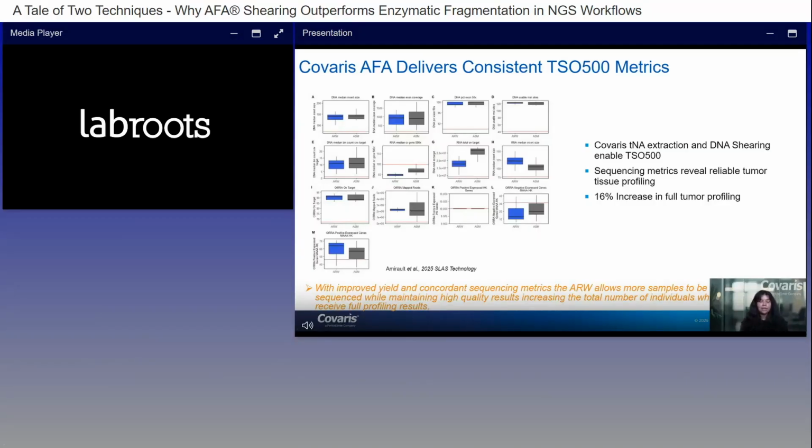And what you can see here is that by using Covaris methods, we can consistently meet and exceed TSO 500 metrics. This data was also collected using our automated assay-ready workstation, highlighting that Covaris can enable TSO 500 at high volumes while maintaining consistent quality.